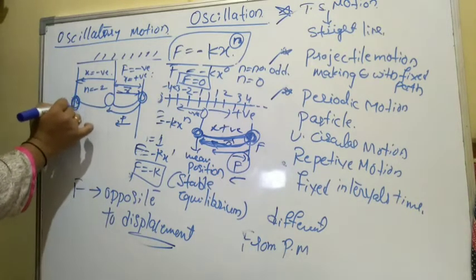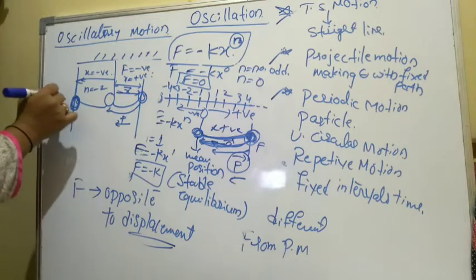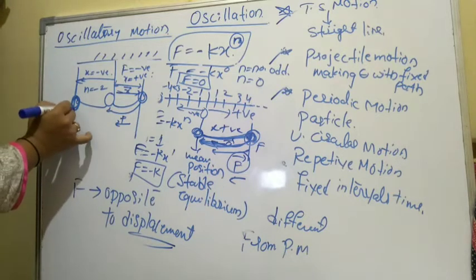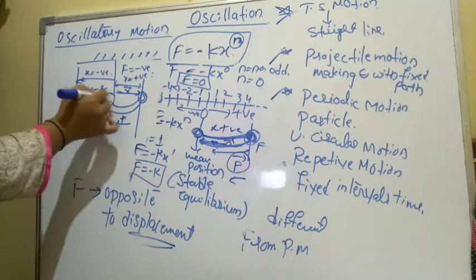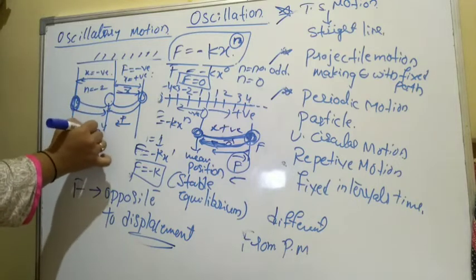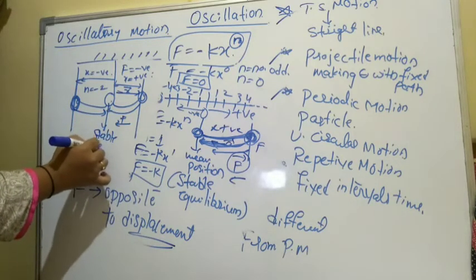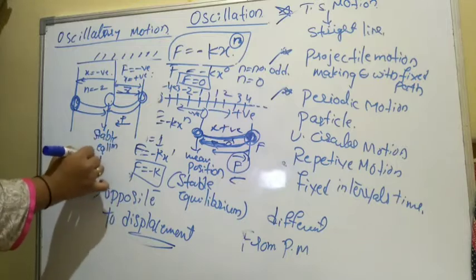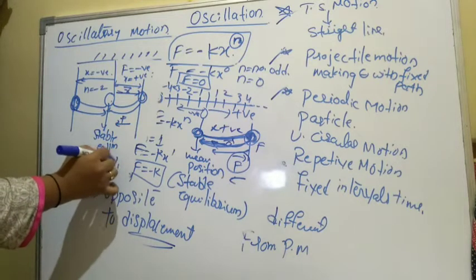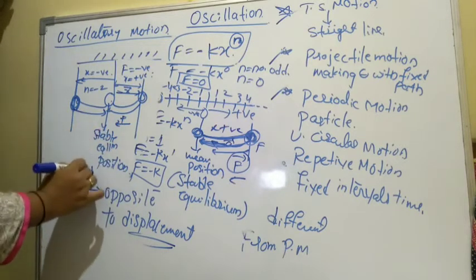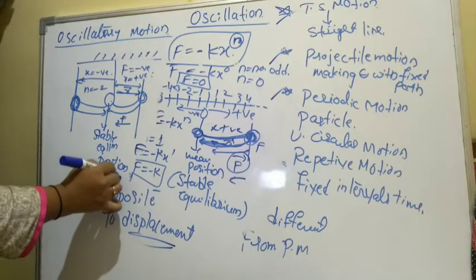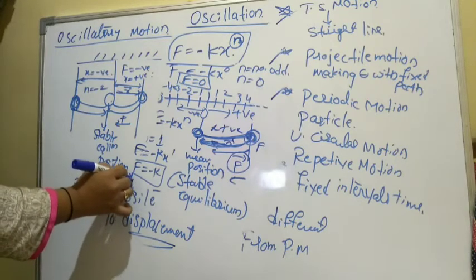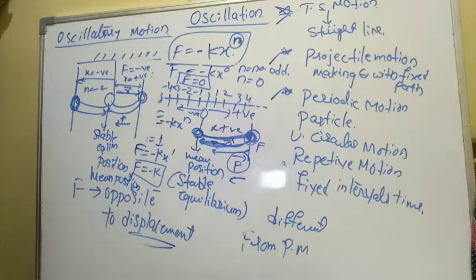So again the force acting on the particle, here also the particle is not going to be fixed. It's moving towards the mean position, which is a stable point or a stable equilibrium position. For this position we are going to say it is a mean position also. Mean means stable, fixed.